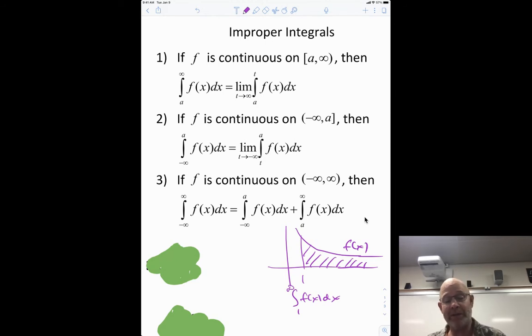It looks like it is, because it's going to infinity. But if that graph is approaching the x-axis pretty quickly, there's actually going to be a limit. It's not going to go to infinity. Maybe it stops at 23 or something like that. We're going to study these sorts of limits in depth in our last chapter in this course, the series chapter. But for now, we're just going to see how they show up in the integration.